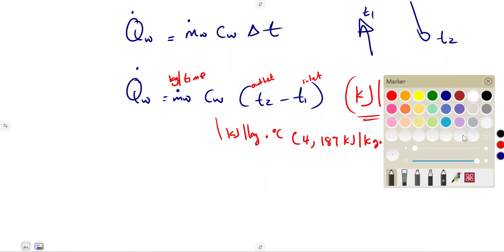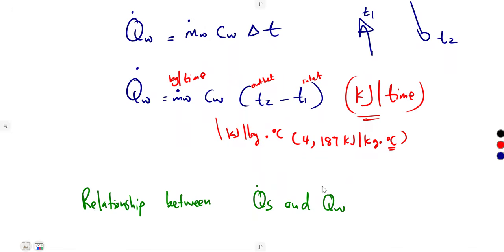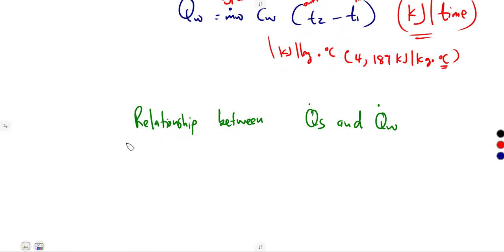Remember, I said in the basics, the relationship between QS and QW, the two rates, the steam and the water. The heat that is lost is supposed to be equal to the heat that is gained. So that is our relationship.